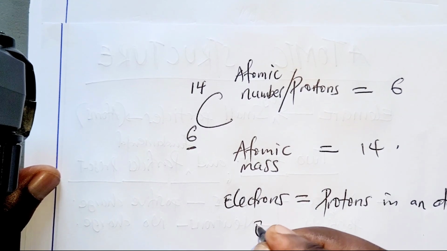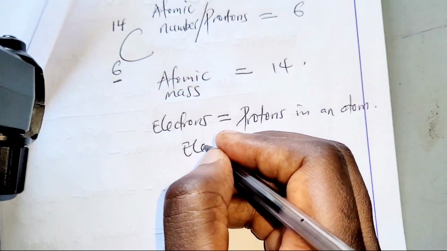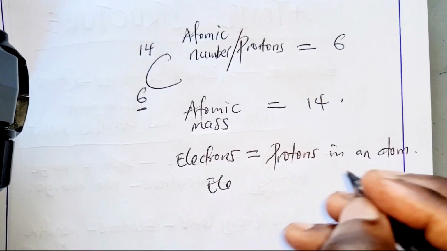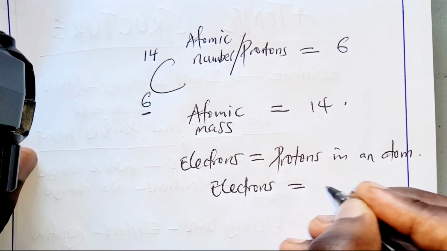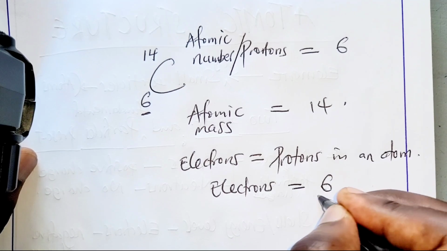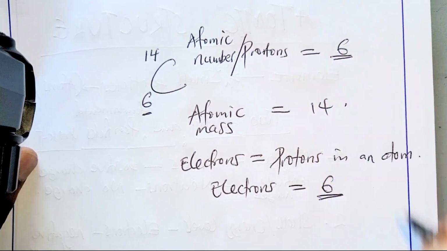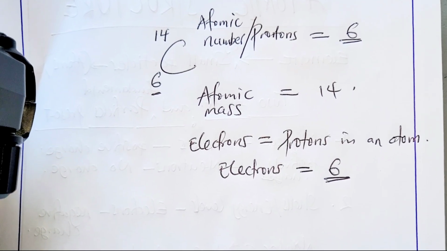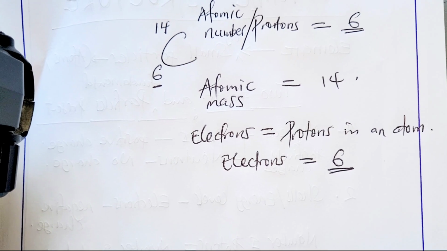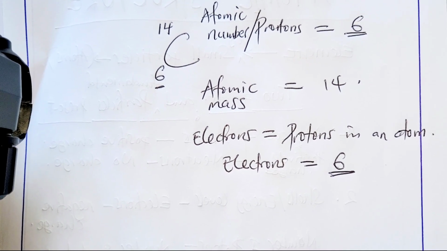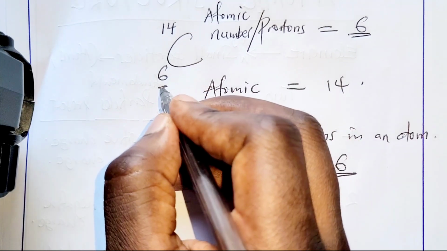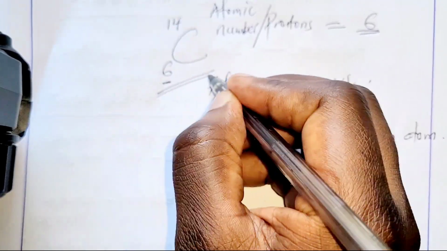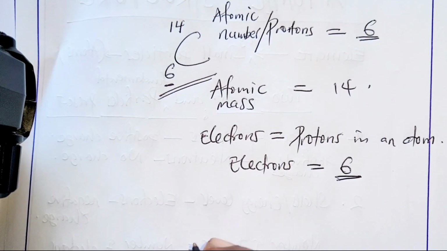It means that even electrons in this atom are equivalent to 6, just like protons I've written here. Okay, can you get now the number of neutrons? We're trying to find out all the fundamental particles in an atom, using this symbol as a beginning point.